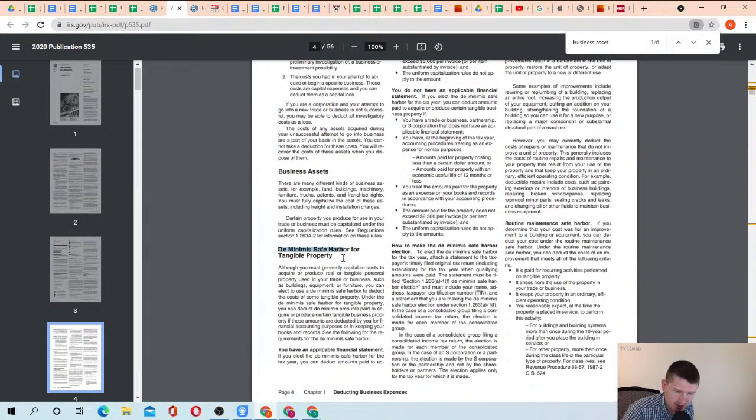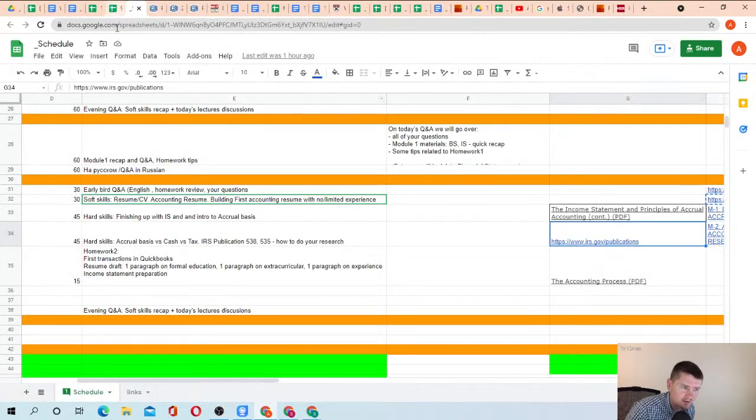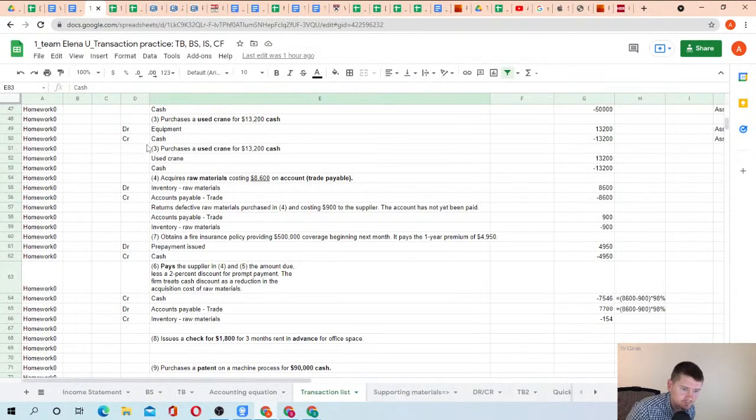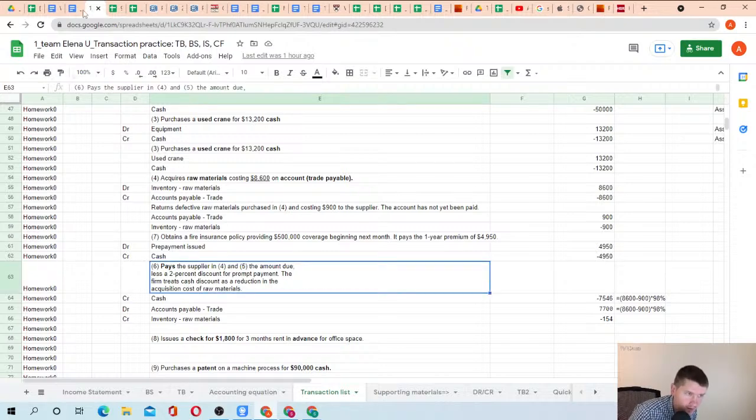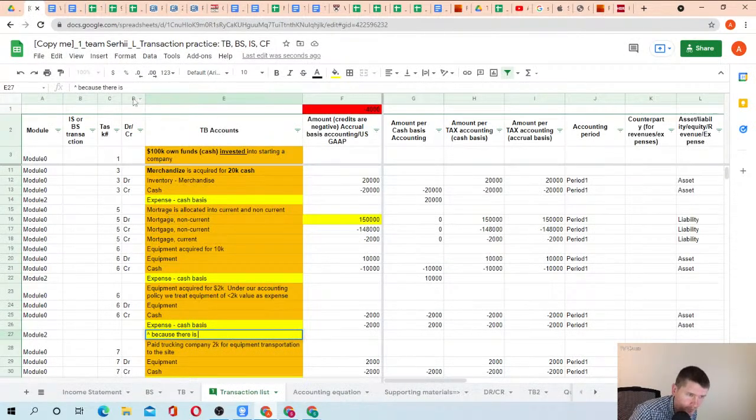De minimis safe harbor to tangible property. De minimis, see publication 538.